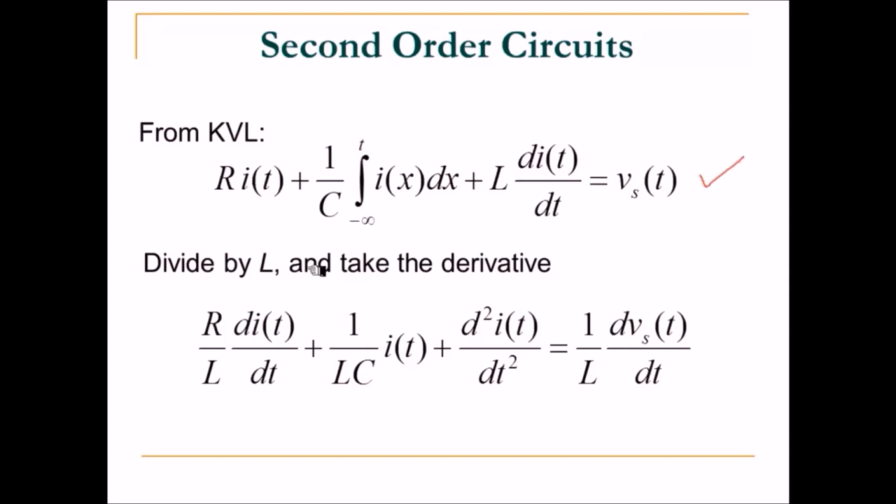Now divide by L and take the derivative so that you can form the differential equation. Look at the differential equation of the circuit. Here the order of the differentiation is 1, whereas here the order of the differentiation is 2. Since the maximum order of differentiation is 2, the series RLC circuit is called a second order circuit.